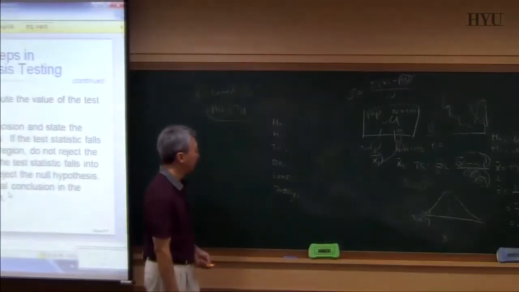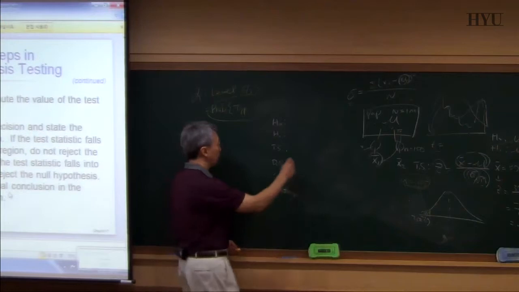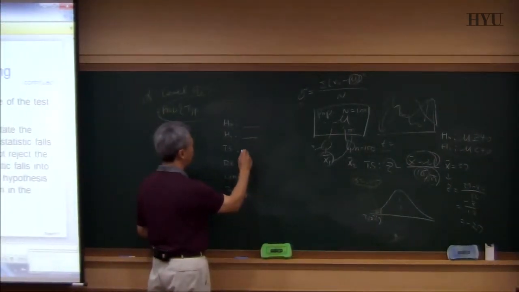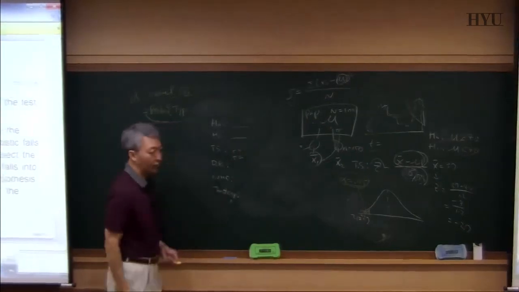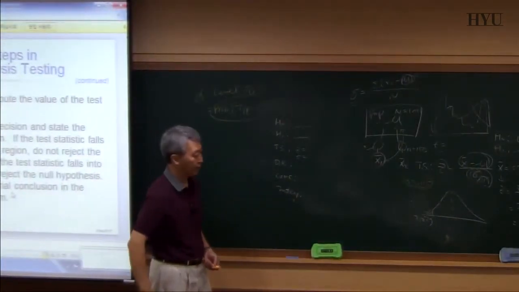So you have to have those 6 components. You have to state the null, the alternative, and the test statistic, either Z or T. You have to show how you calculate the test statistic.